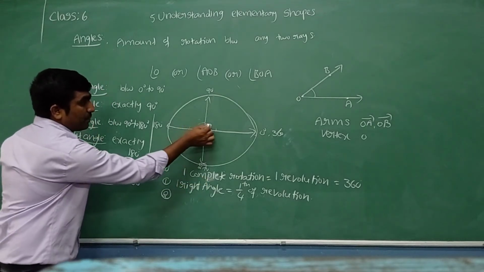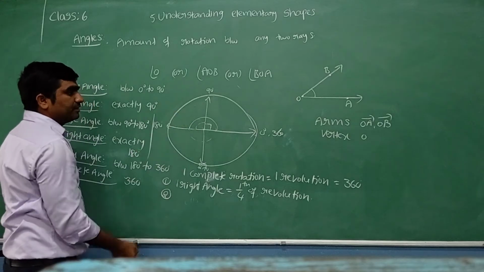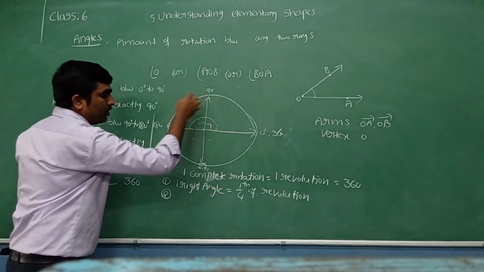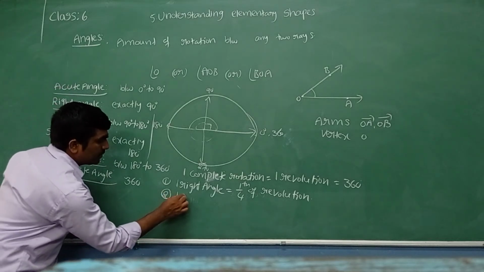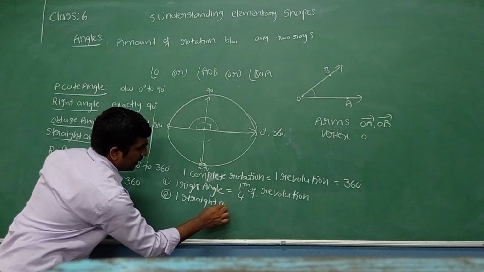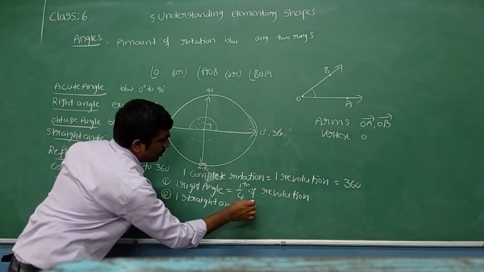Next, suppose you cover the straight angle, 2 parts are completed out of 4 parts. Let me write here: one straight angle. What do we call one straight angle?